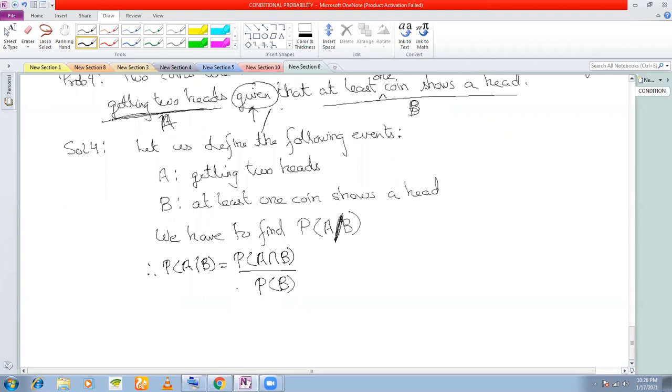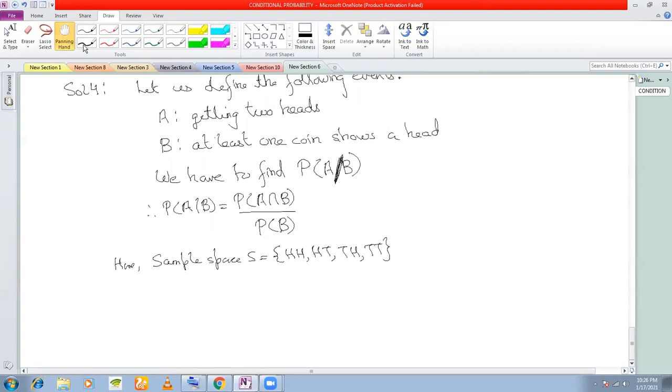Now we'll see how to find out the events. What is the sample space here? Two coins are tossed. So what is the sample space? S is HH, HT, TH, TT.